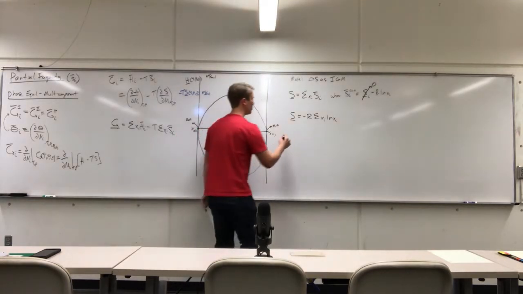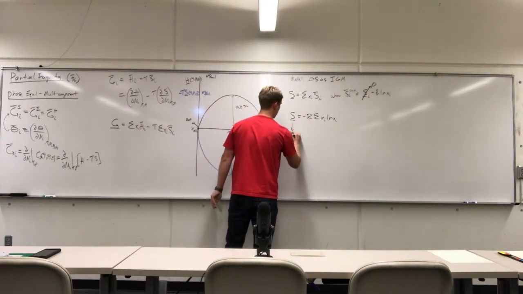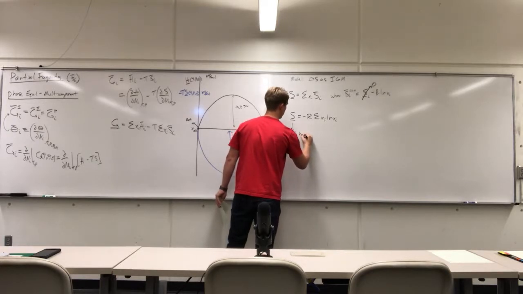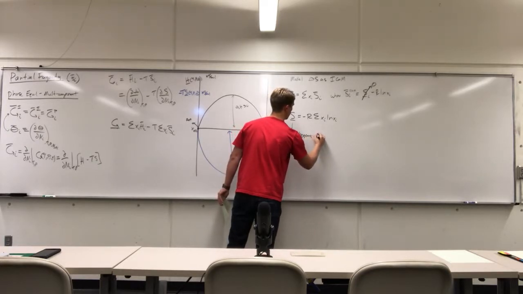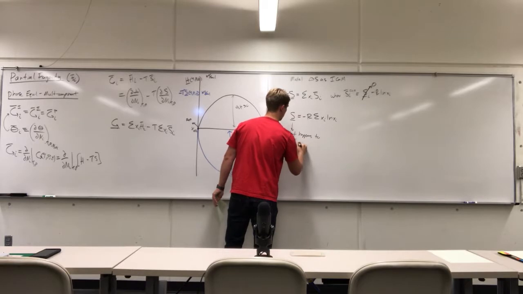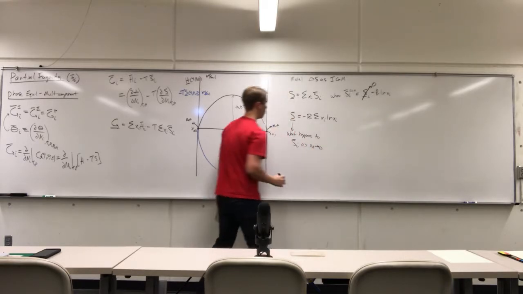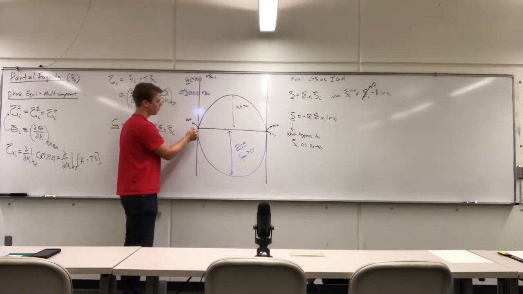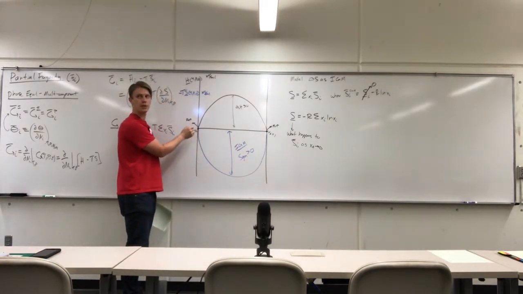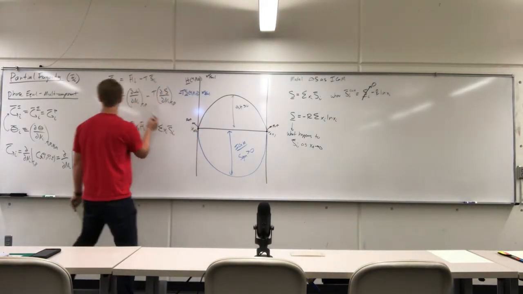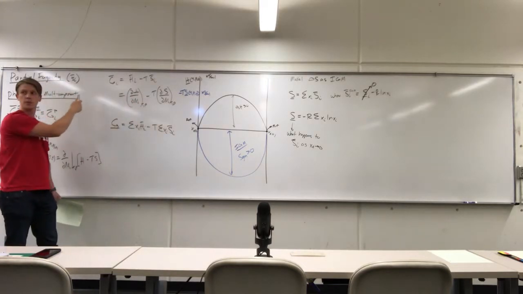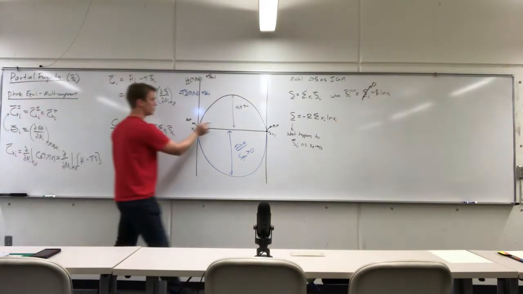So what we want to know is what happens to the partial entropy, and then consequently the partial Gibbs, as we approach dilute systems.